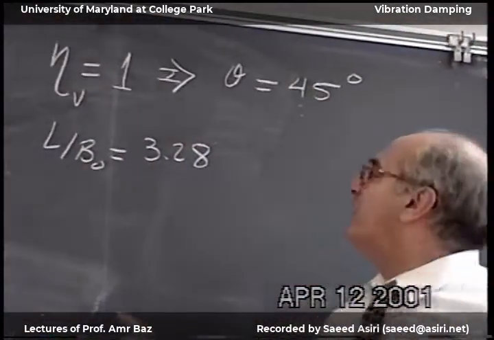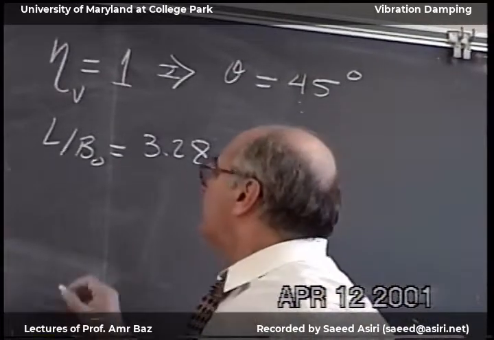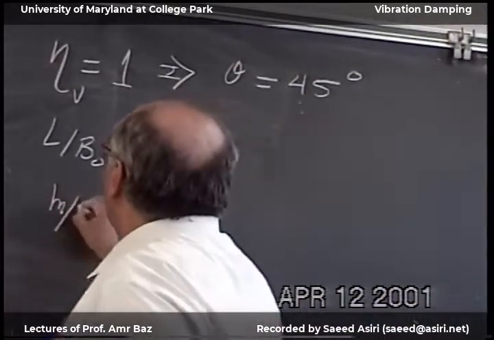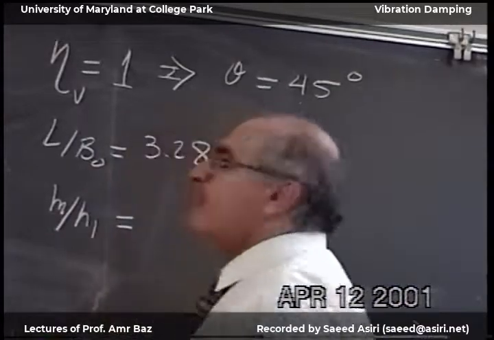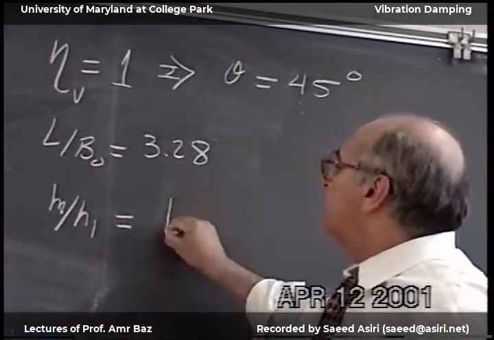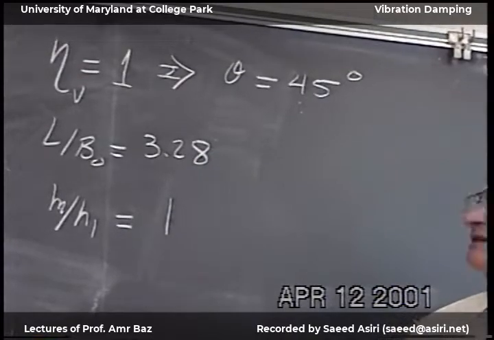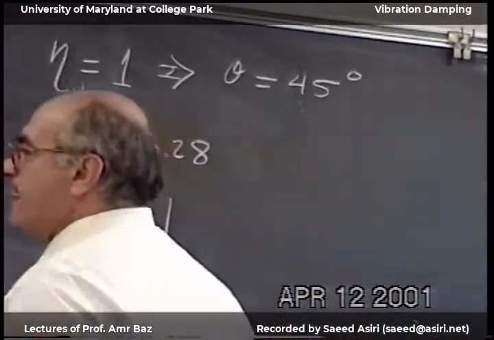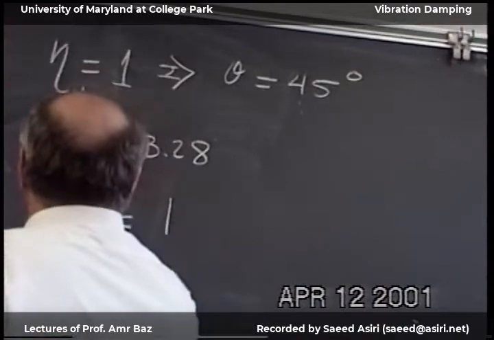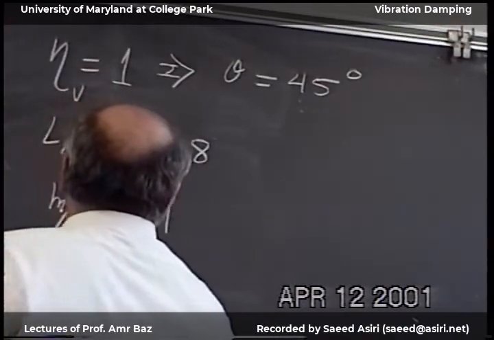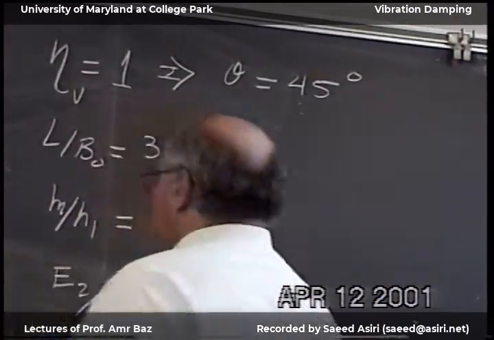And then I'm going to make the following case. I'm going to take H2 over H1 equal to 1. The thickness of the constraining layer and the thickness of the viscoelastic is 2 to 1, okay? And then E2 over G, I'll leave it for a minute.